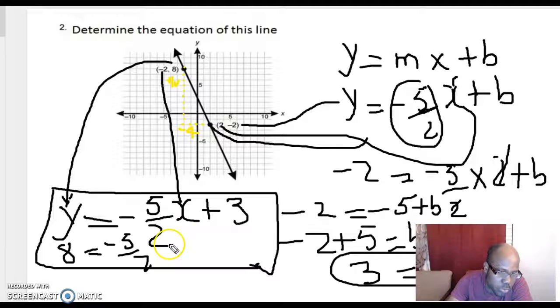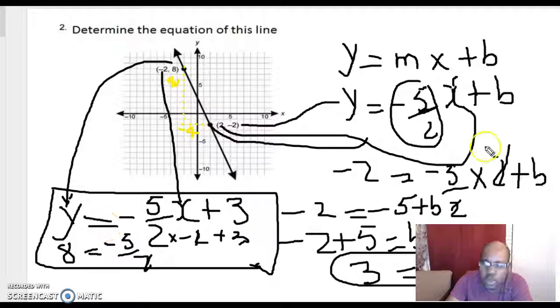I just want to prove it's true. Plus 3. By simplifying by 2, you see, it's easy. So I got minus 1 here. That's going to give plus 5, plus 3. That gives me 8. That's a proof. But I'm done. Okay, guys?